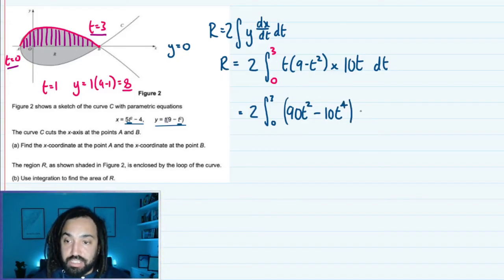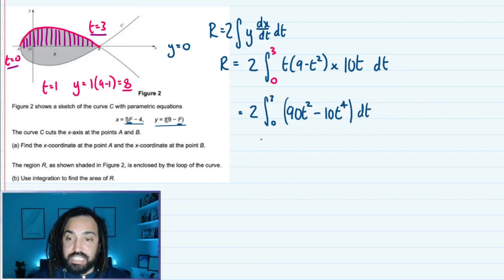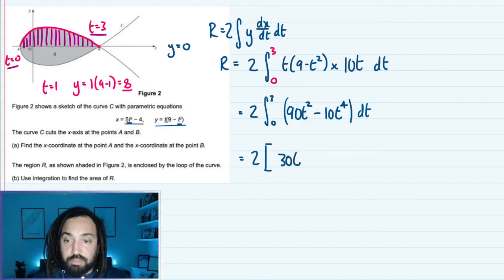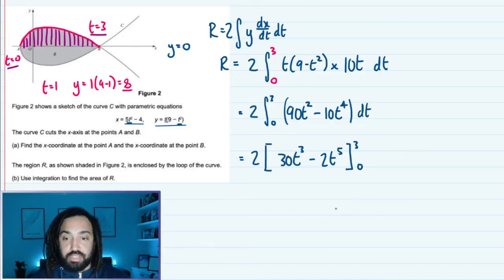Let's put that in brackets and then apply the dt. And now let's integrate. So we up the power, then divide by the new power. Up the power to 3, divide by 3 gives me 30t cubed. Up the power to 5, divide by 5 gives me 2t to the 5. And that's between 3 and 0.